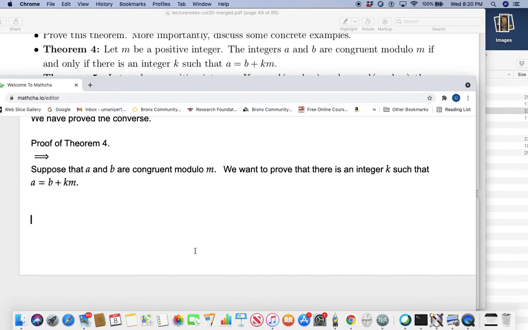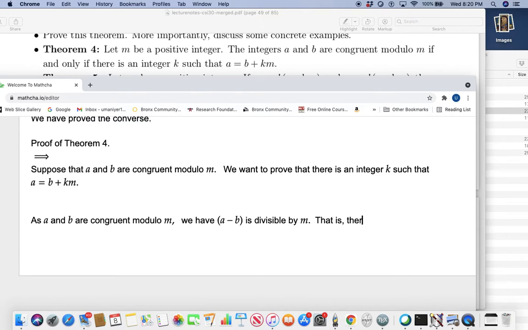Suppose that a and b are congruent modulo m. What does this mean? We have a minus b is divisible by m. What does that mean?